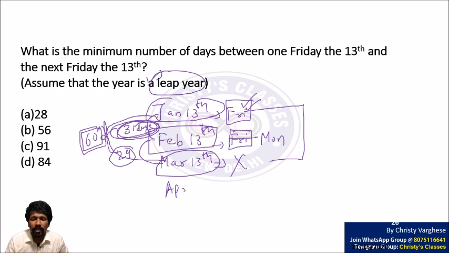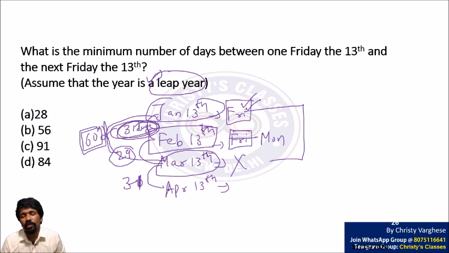Now April 13, can it be a Friday? From March 13 to April 13, the number of days is 31, because March has 31 days.